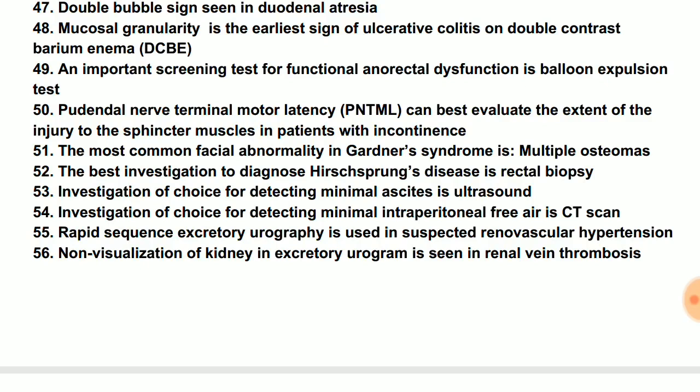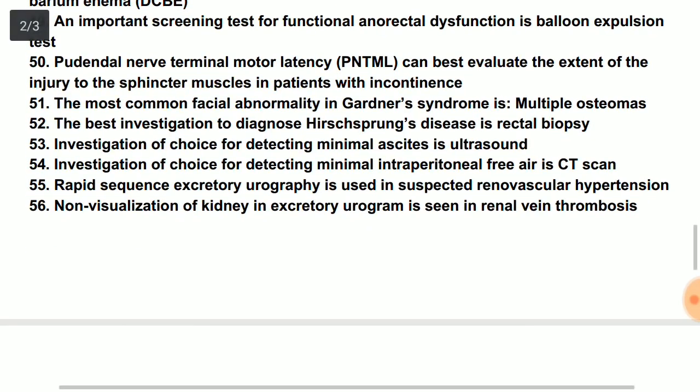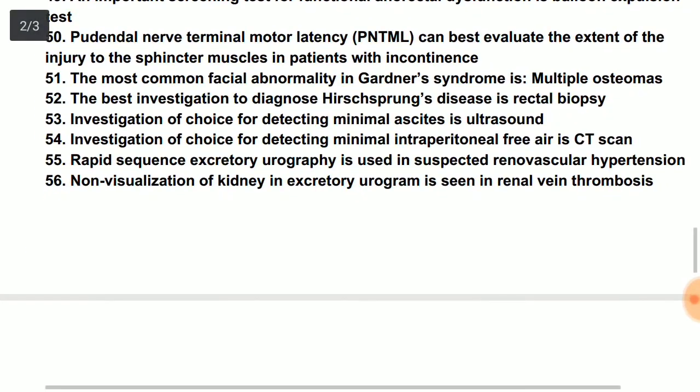So if there is incontinence, you do this pudendal nerve terminal motor latency, and it evaluates the function of sphincter muscles.